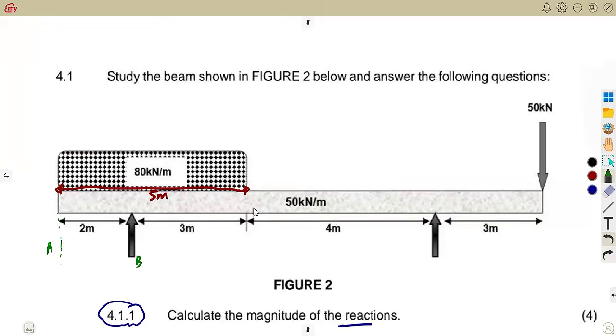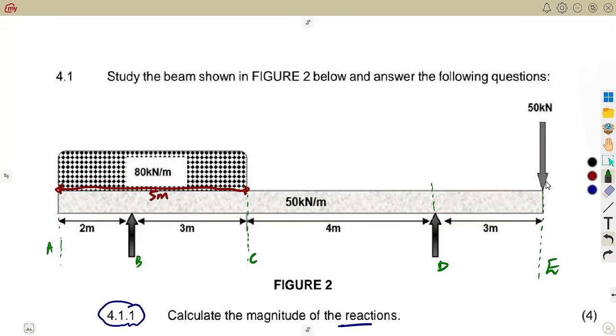This one I'm going to call B. This is an important point. Also, the end of this distributed load, I'm going to call C. There is a support here. I'm going to call it D. There's a point load here at the end. Let's call it E. So this is what we can try to figure out.